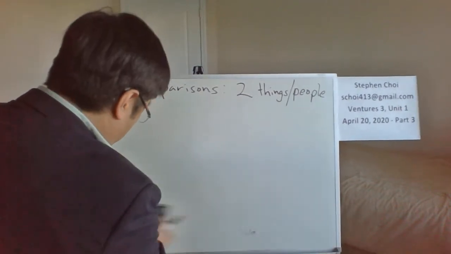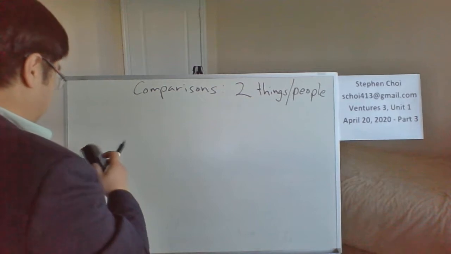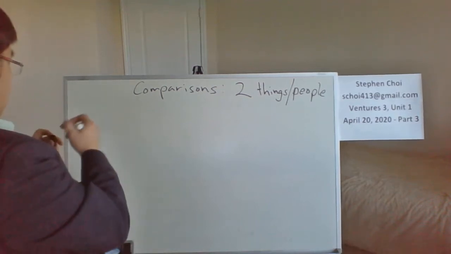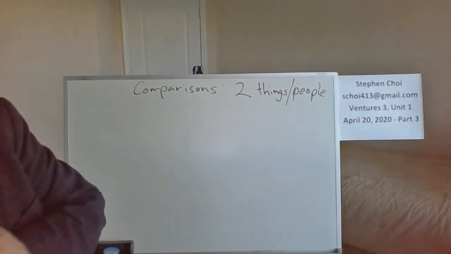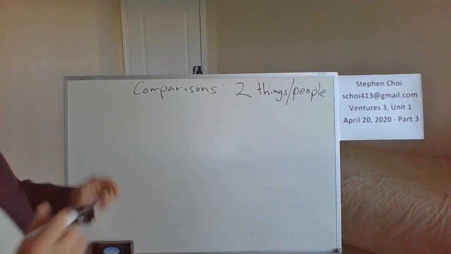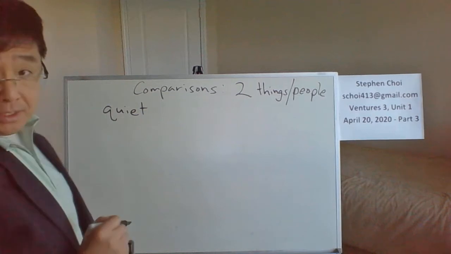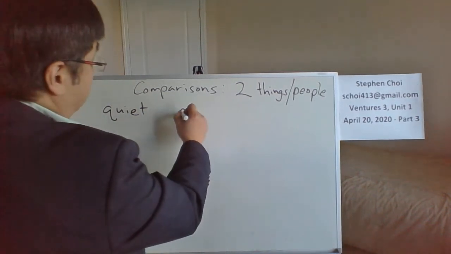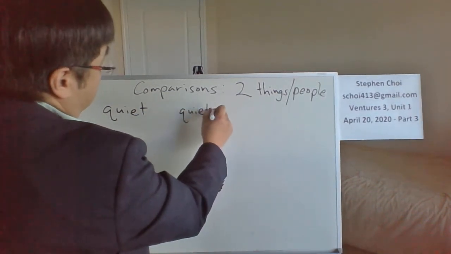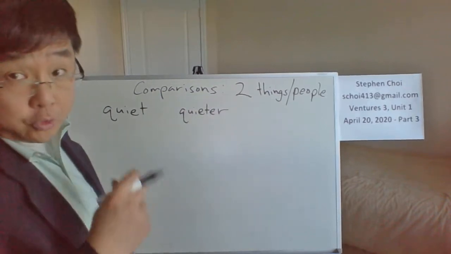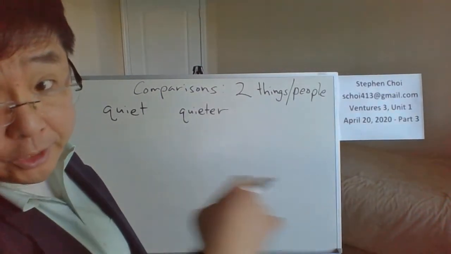All right. So what if I use words like quiet? Obviously you can say quieter. This room is quiet. The next room is quieter.